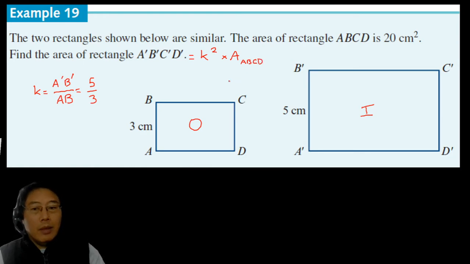Then you just evaluate that. You use your CAS, you do 5/3, you square it, you multiply by 20, and you get the area. Don't forget, it's the same units, so it's going to be in square centimeters.